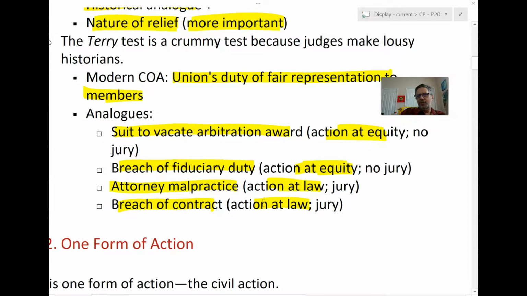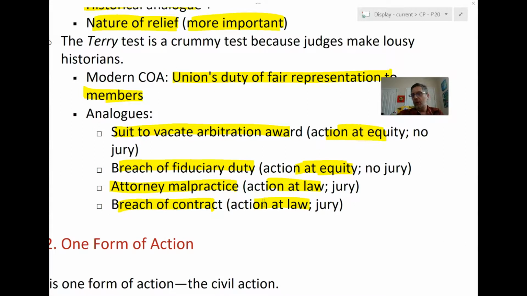So what do you do? I mean, it ultimately comes down to lawyering and indeterminacy, and something as important as the jury right should be a little bit more predictable than this. You know, it almost comes down to, I don't want to be cynical and say how many votes you get, but judges are not historians, and what we're trying to do is put round pegs into square holes here.